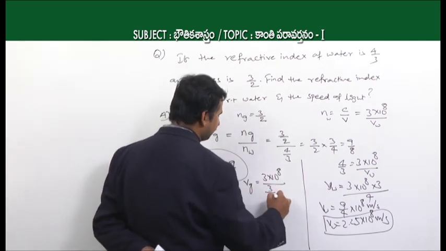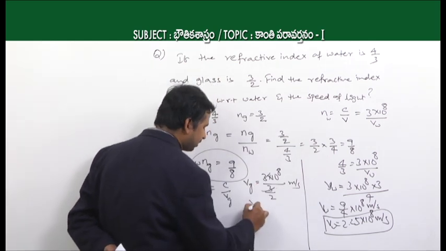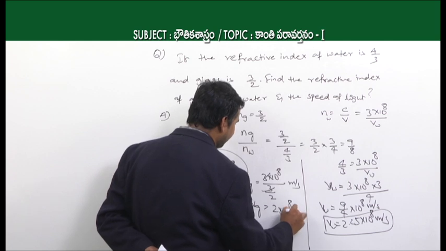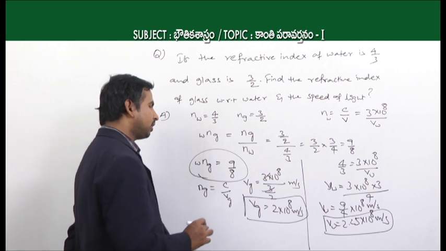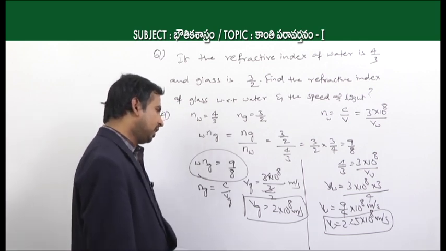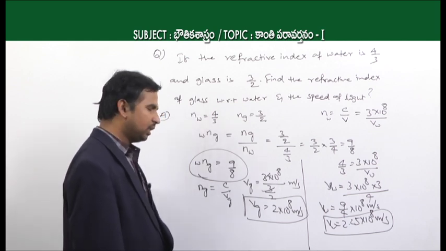That 3 gets cancelled and we get Vg equal to 2 into 10^8 meter per second. So in glass we are getting the velocity as 2 into 10^8 meter per second, and the velocity in water is 2.25 into 10^8 meter per second.